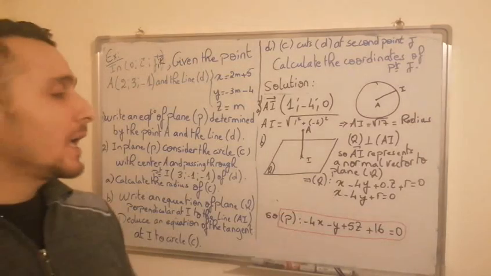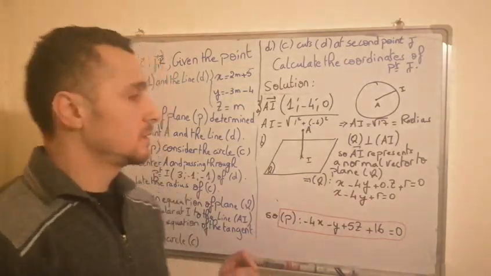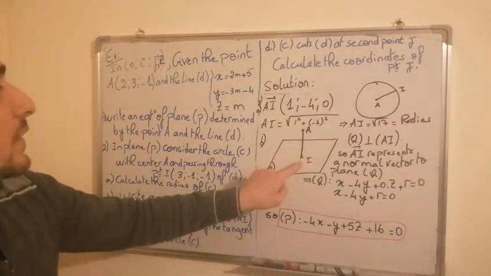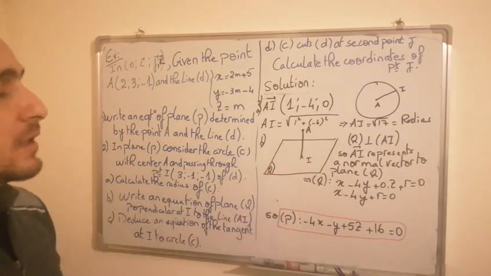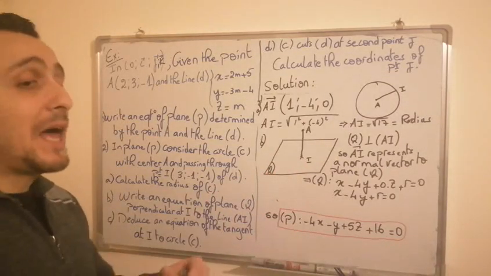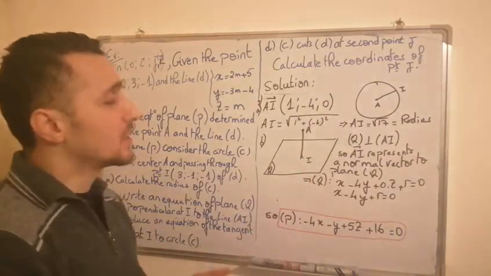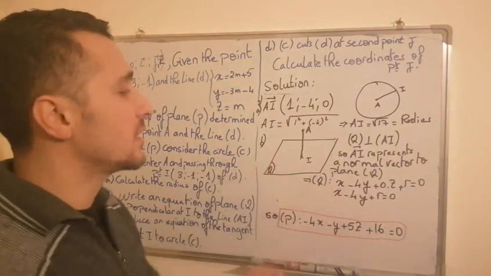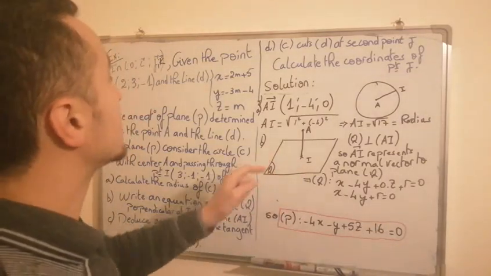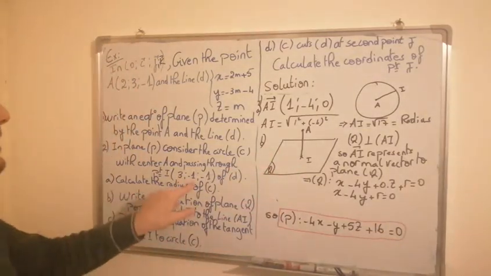To calculate the real number r, we remark that I is a point on the plane Q. Then we can replace the coordinates of this point in the equation of the plane. The coordinates of point I are 3, -1, 1.